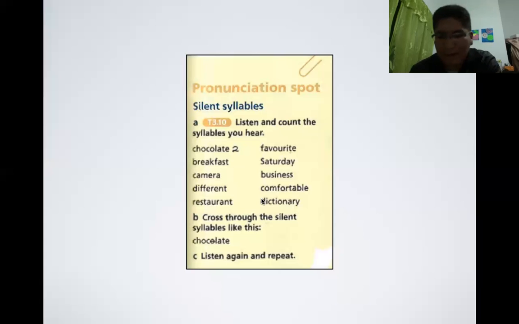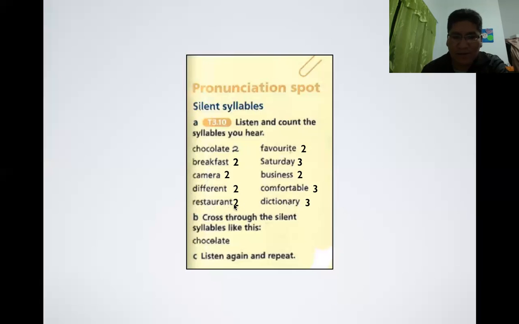Okay, if you have finished with this part, I think you have these numbers. For example, chocolate, breakfast, 2 syllables. Camera, 2 syllables. Different, 2.